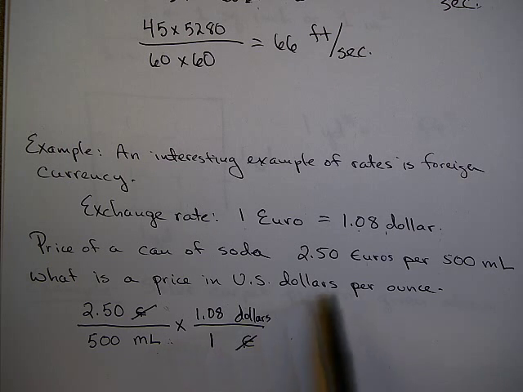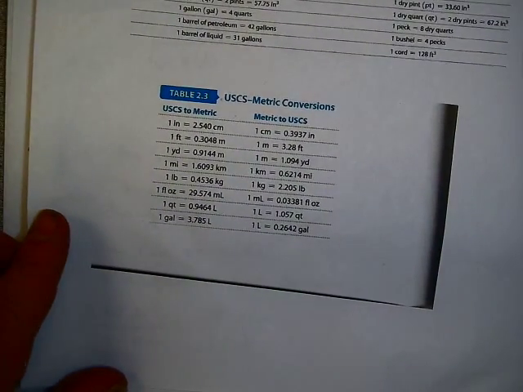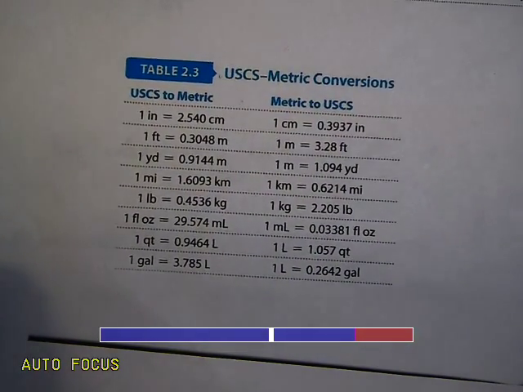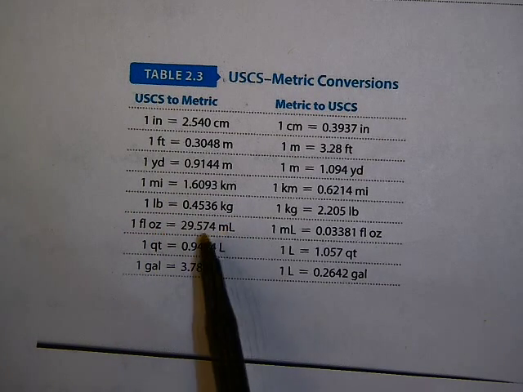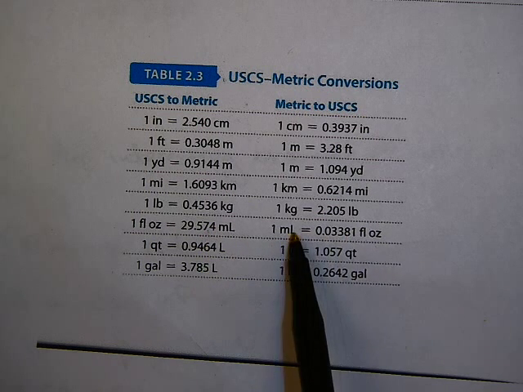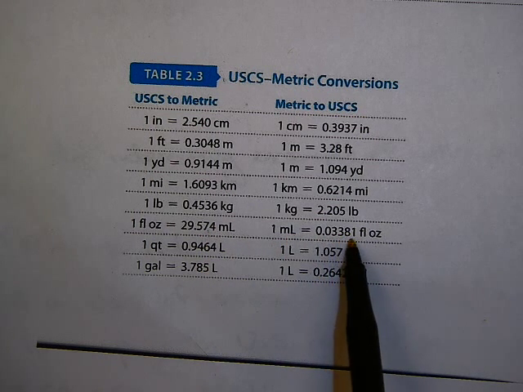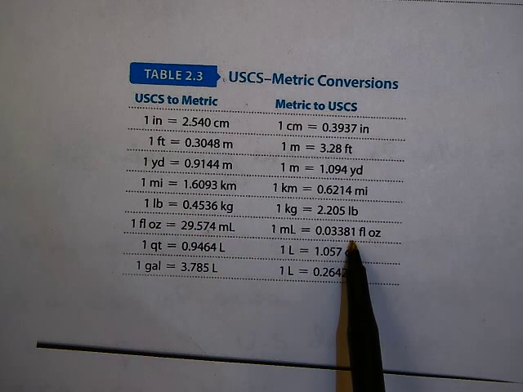Now I would need milliliters to ounces. Let's take a look at my conversion chart again. Here I have 1 fluid ounce is 29.574 milliliters, or 1 milliliter is 0.03381 fluid ounces. I can use either one I want.